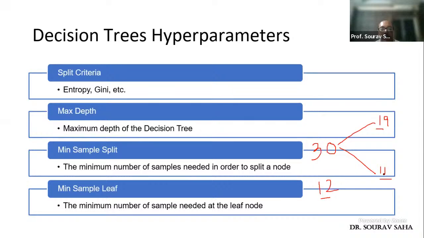Minimum sample leaf is violated, and in that particular case, this particular split itself will be invalid. So at that point, when we were at 30, we will not be able to split it further because after splitting, the minimum sample leaf condition has been violated.